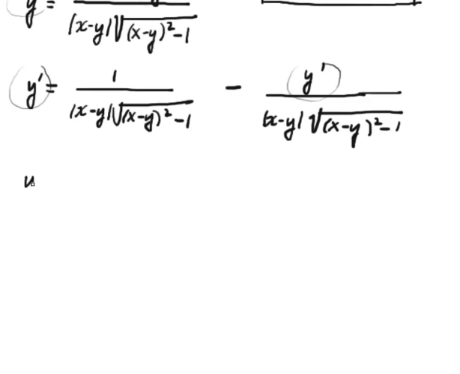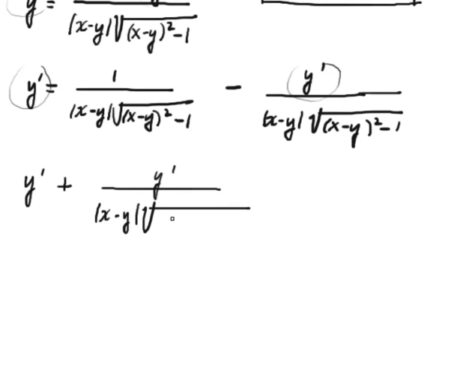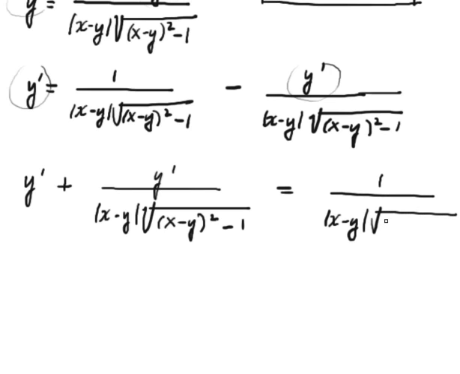Okay, so we have y prime plus y prime over absolute value of x minus y times the square root, is equal to the first term. Okay, now the second to last step is always factoring out the y prime, so we'll do that here.